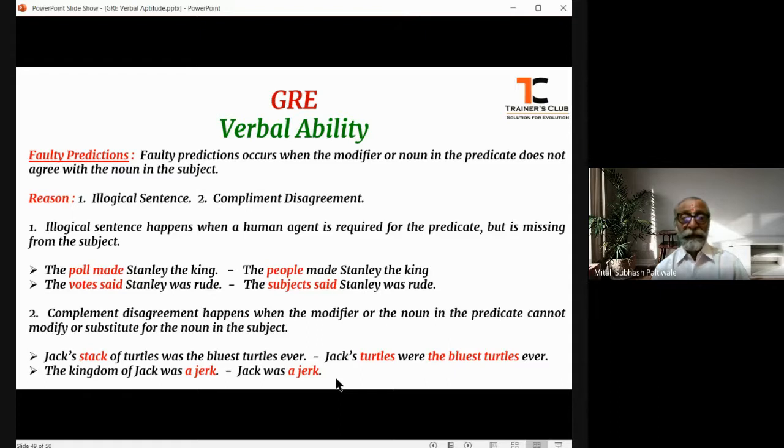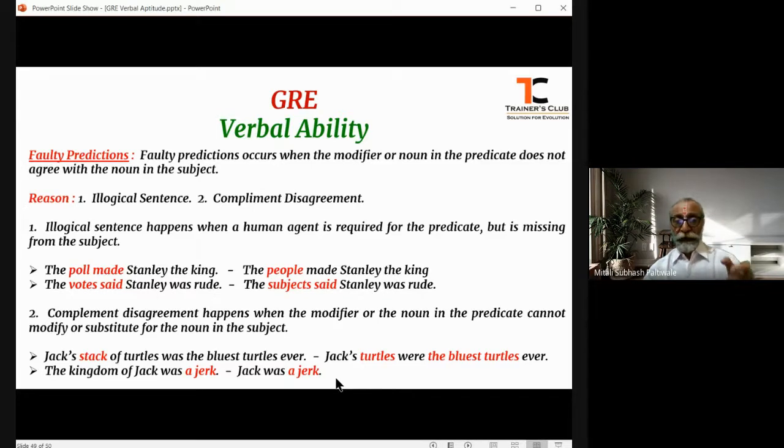In the same way, the votes said Stanley was rude. During the election period, we come across everything, but votes don't speak. It is spoken by the person who has voted, the citizen.